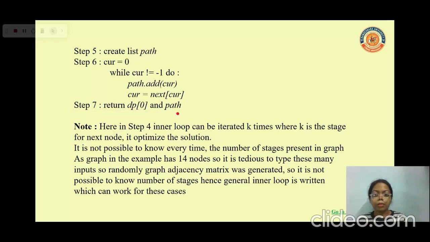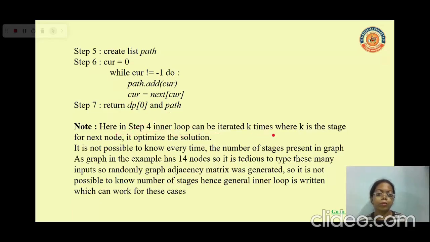As I have told earlier, dp of I means the cost required from the ith node to reach the destination. So dp of 0 will indicate the cost required from 0 to 13 in our example.